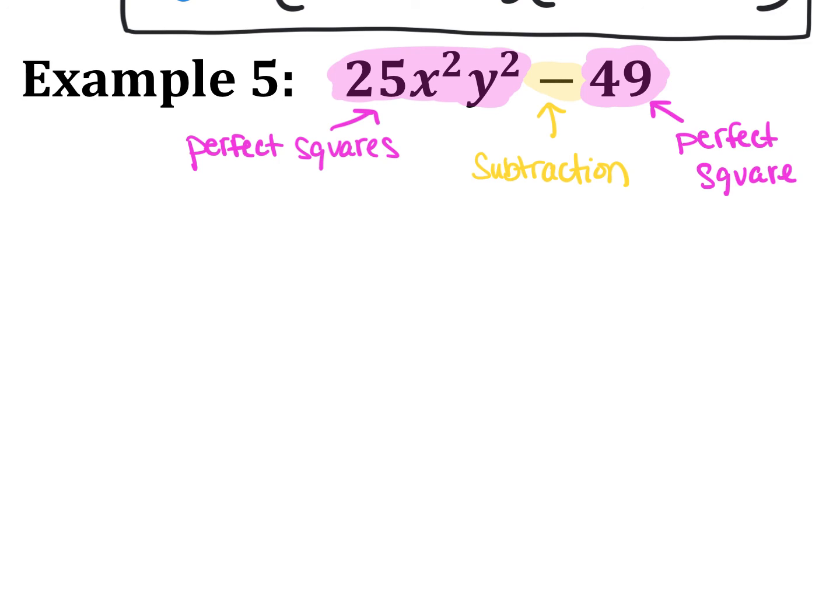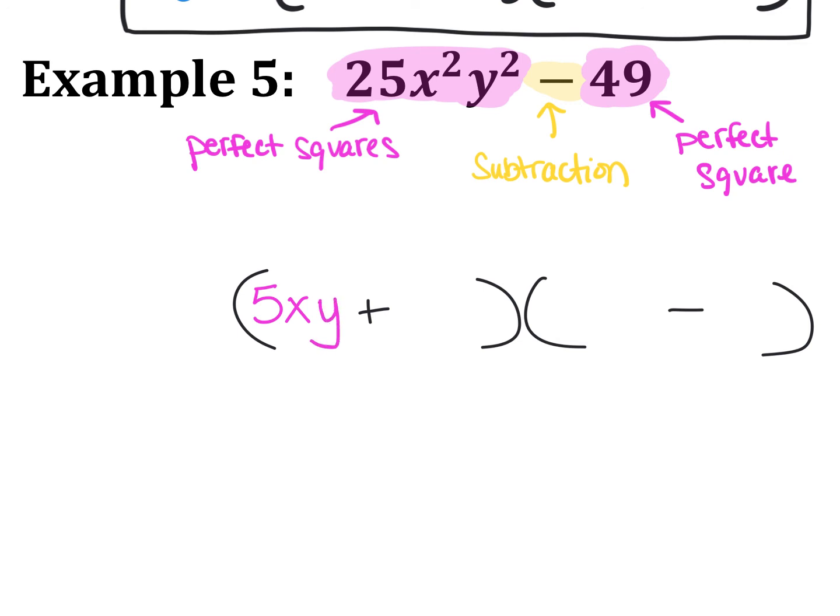I'm going to go ahead and set up my parentheses, use a plus and a minus. And let's talk about that 25x squared y squared and really break it down. Take the square root of 25, which is a 5. Take the square root of x squared, which is x, and the square root of y squared, which is y.